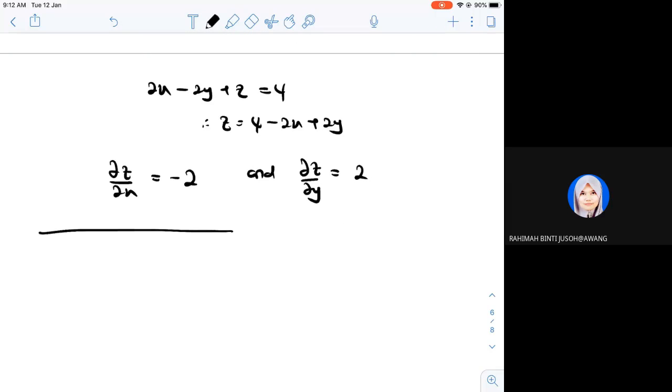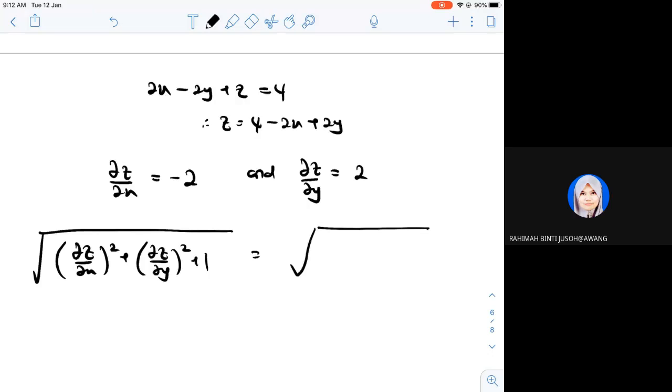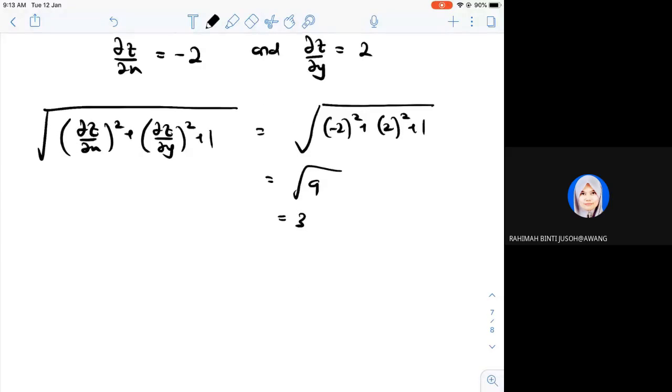So, gantikan dalam formula ni, square root of del z over del x squared plus del z over del y squared plus 1. So, we will have square root of -2 squared plus 2 squared plus 1. So 4 tambah 4, 8 tambah 1, 9. Square root of 9, so it becomes 3.